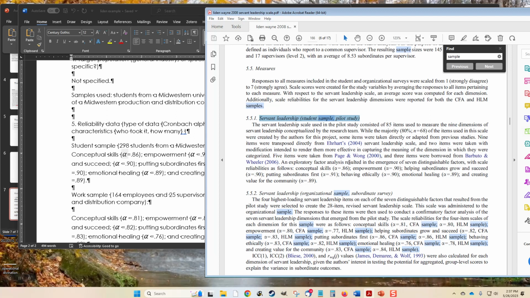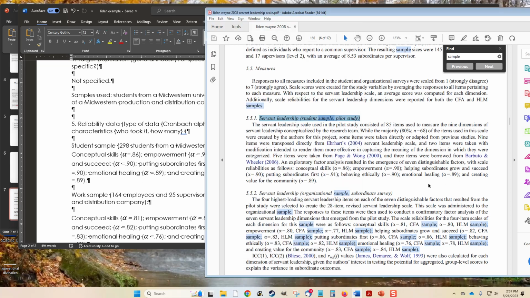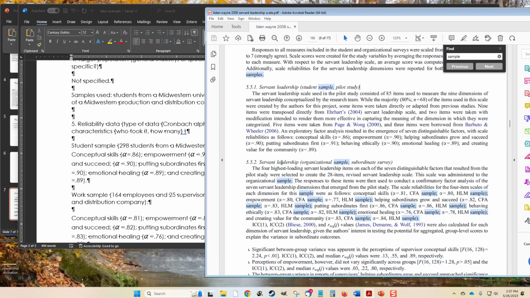An exploratory factor analysis resulted in the emergence of 7 distinguishable factors, those 7 subscales we talked about, and the reliabilities of these subscales. Conceptual skills, alpha equals 0.86, empowerment, alpha equals 0.9, helping subordinates grow, alpha equals 0.90, and so on. And that's just for the student sample.